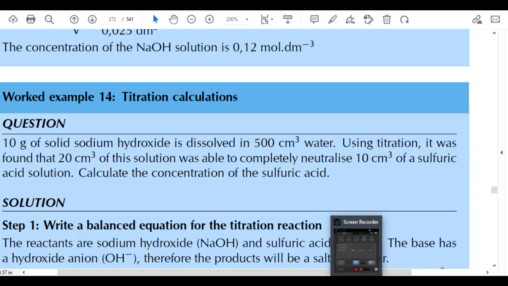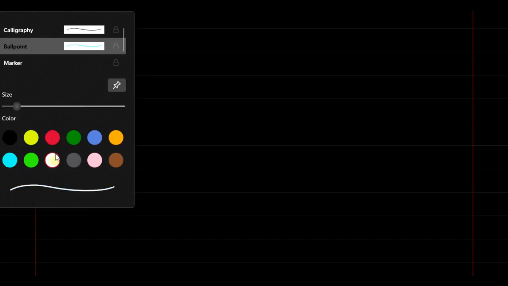Let's write the information. 10 grams of sodium hydroxide, dissolved in 500 cubic centimeters of water.